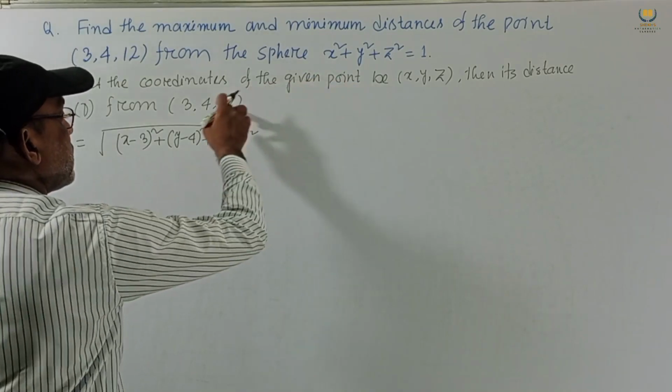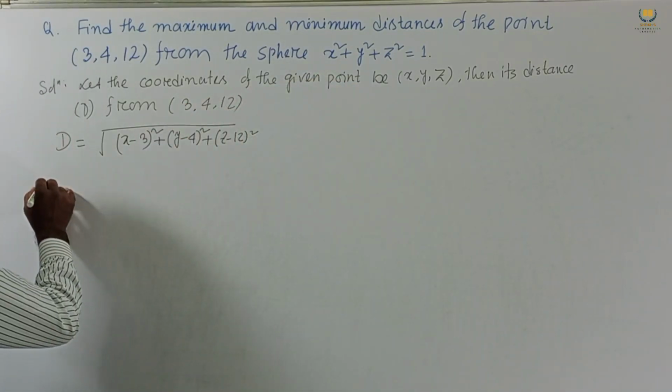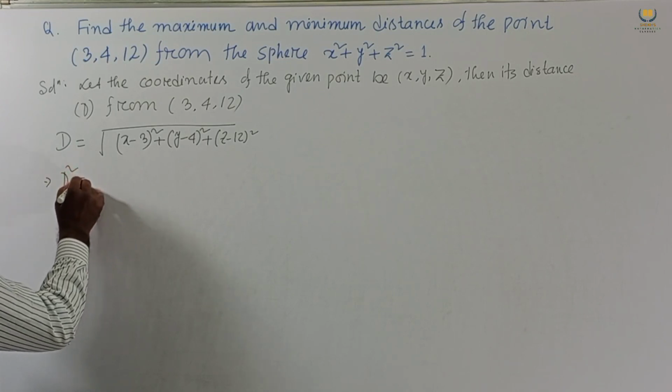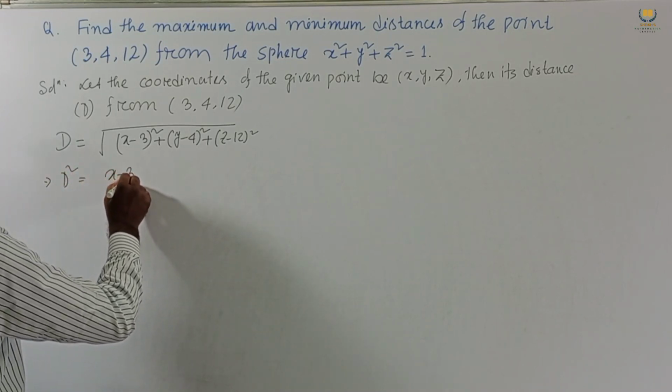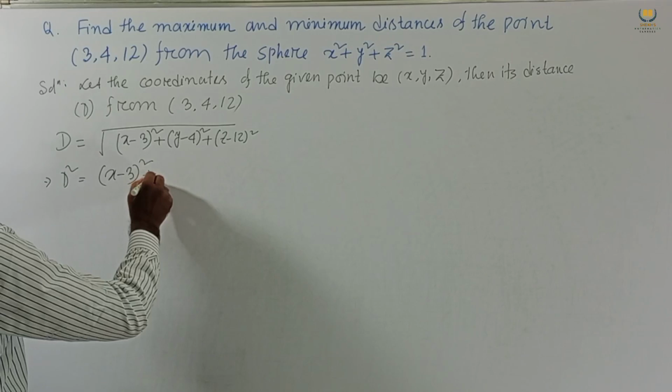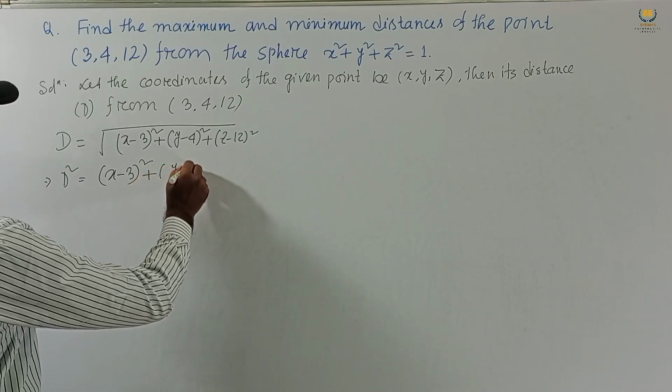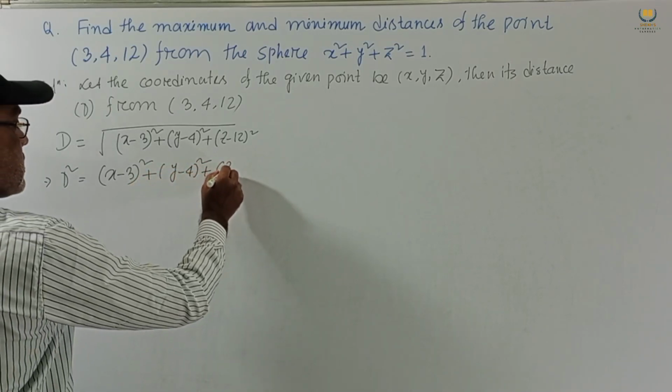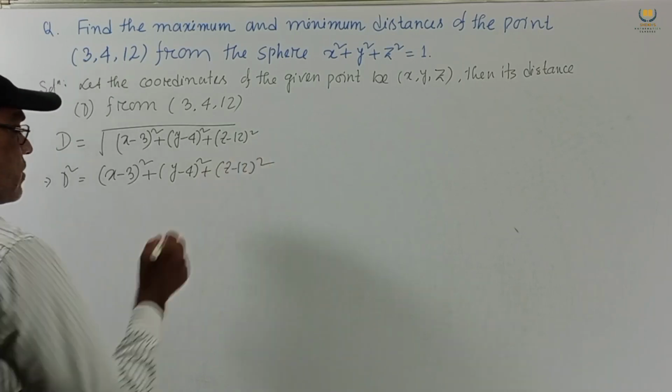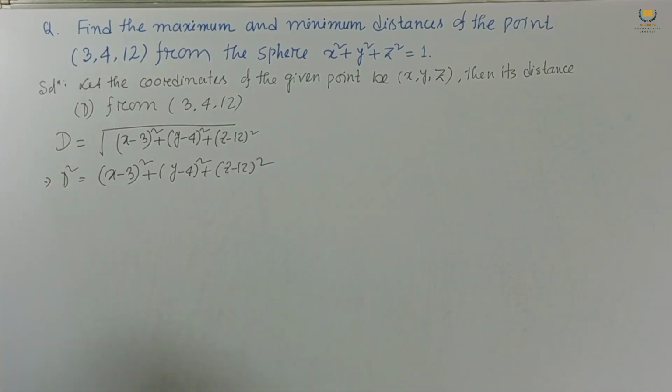This is the distance between two points, as we know. Squaring both sides, d² = (x − 3)² + (y − 4)² + (z − 12)².